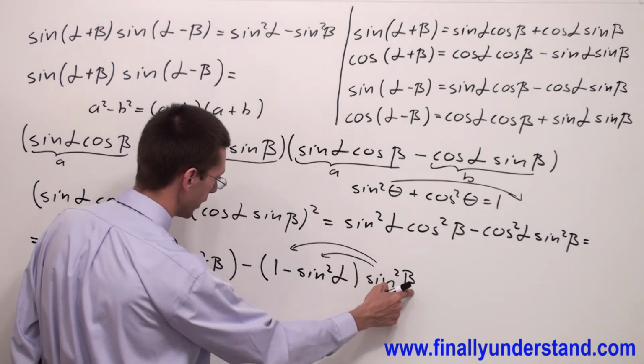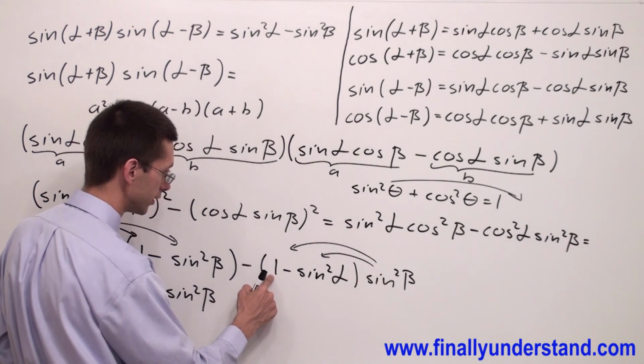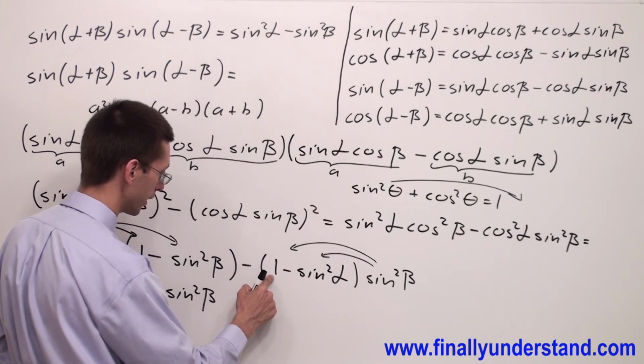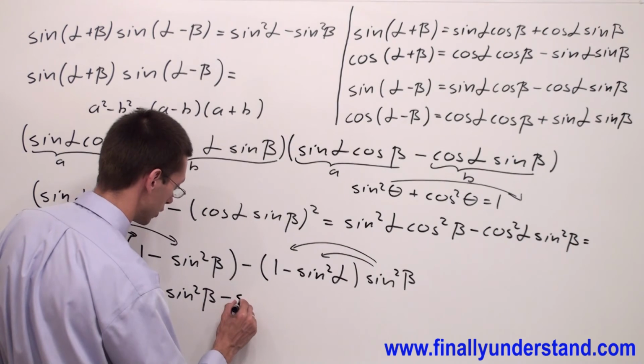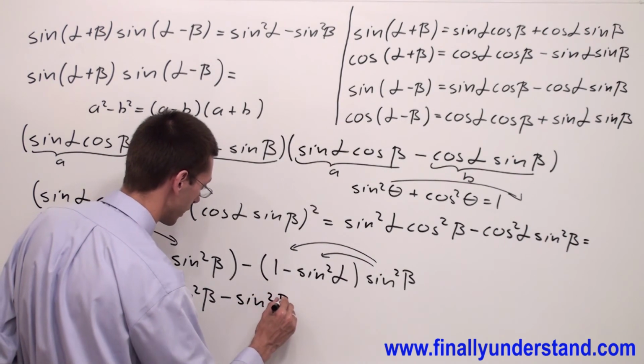Sine square beta times 1 is equal sine square beta and negative, that's why this is going to be negative sine square beta.